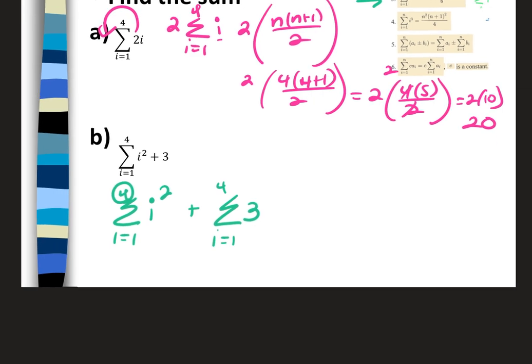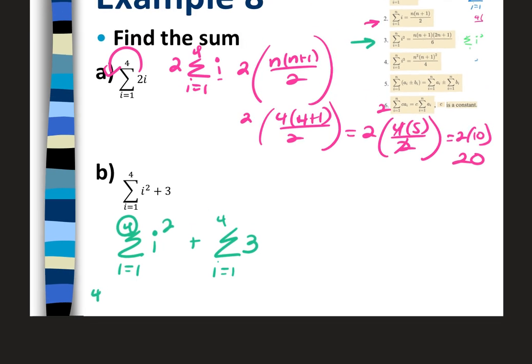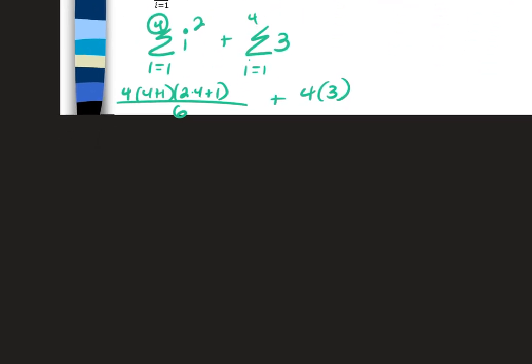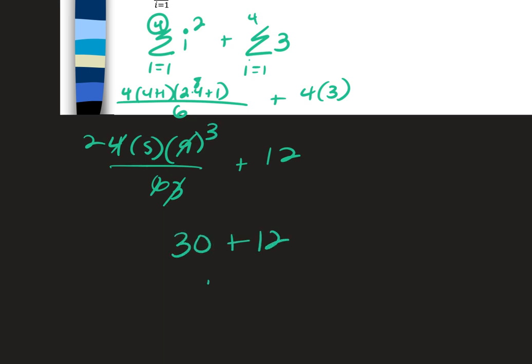So this is 4 times 4 plus 1 times 2 times 4 plus 1, all over 6. And then I'm going to add to that 4 times 3. So I get 4 times 5 times 9 over 6 plus 12. 3 goes into 9, 2, 3. 30 plus 12, which is 42.